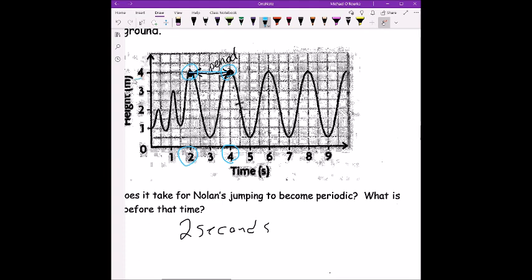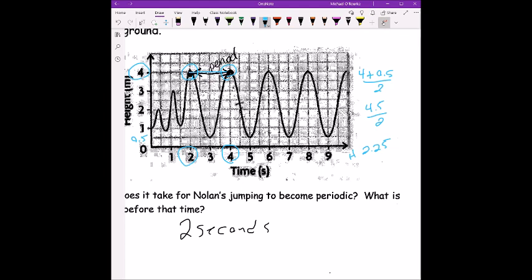So our max here is 4. Our min is 0.5. So 4 plus 0.5 divided by 2. 4.5 divided by 2. So 2.25 is our axis of the curve.